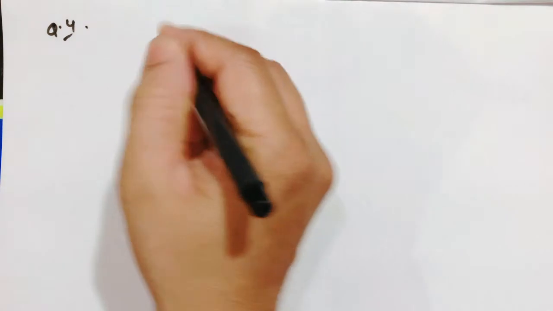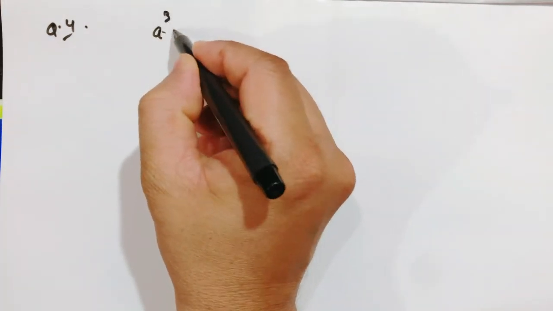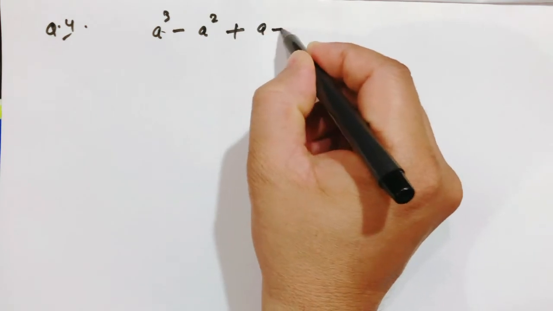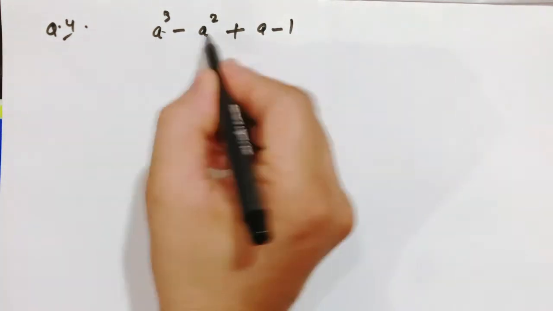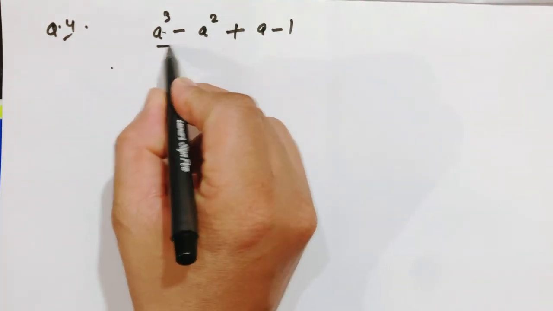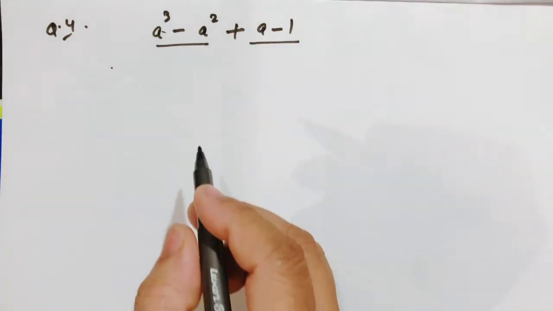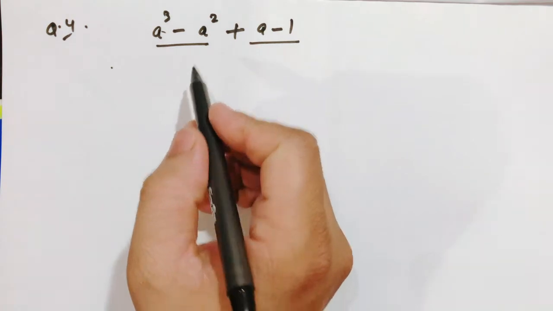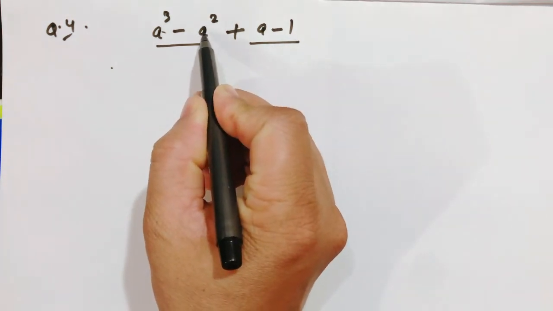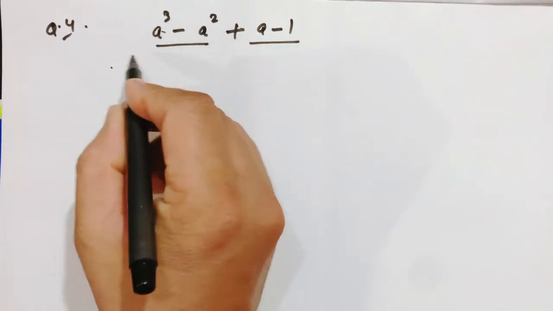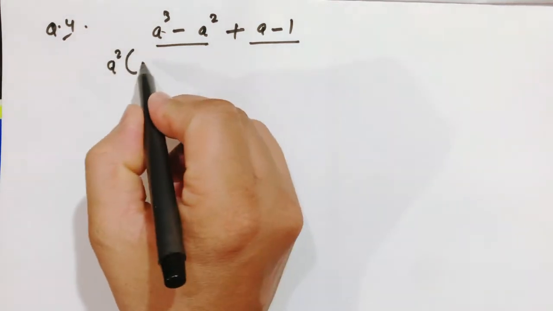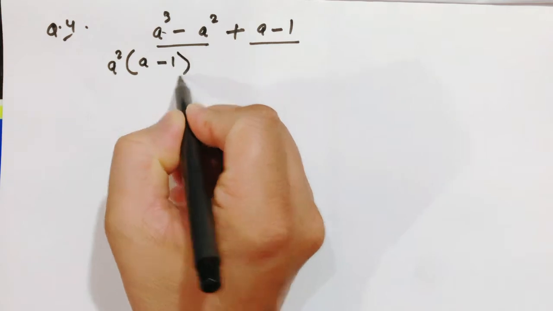Let's not waste time, come to question number 4. Okay, a cube minus a square plus a minus 1. See, let us group them first. I have grouped. When I have grouped, I told you do not do it blindly. First check if you take a square from these two, what will remain? It will remain a minus 1.